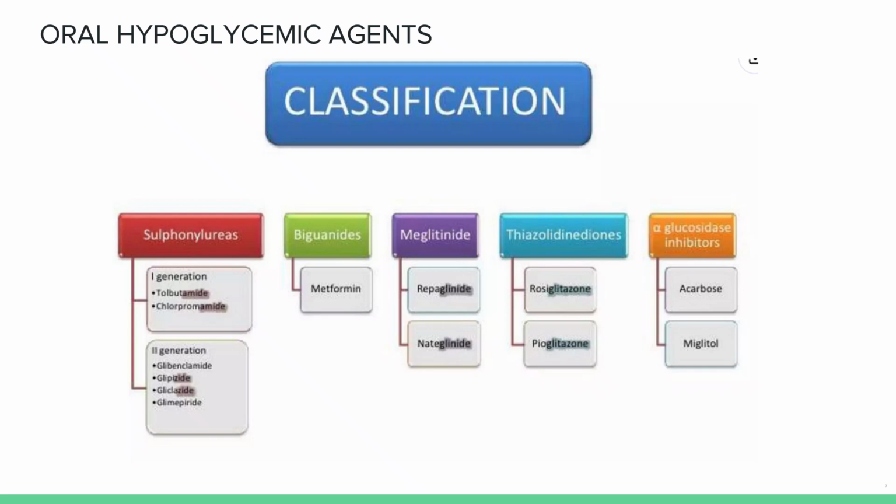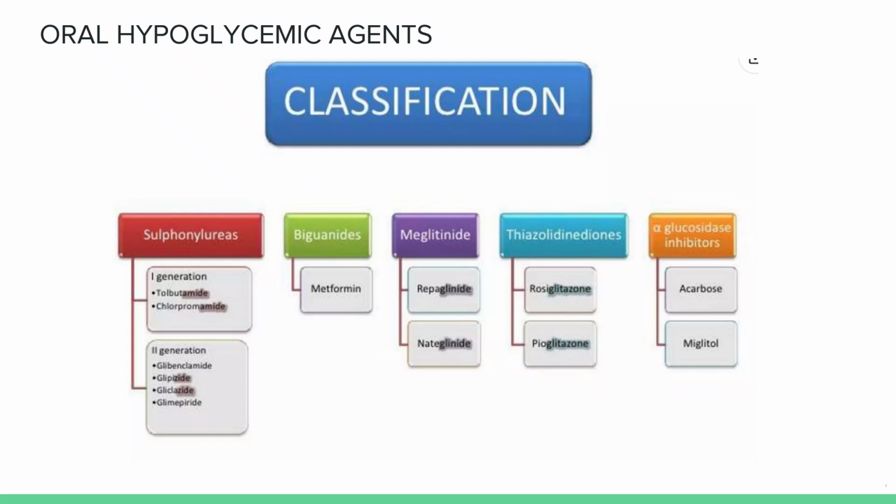And the oral hypoglycemic agents mainly focus on four different classifications, and additionally we can see 3 to 5 more classifications, but the main four classifications which focus on oral hypoglycemic agents are sulfonylurea, biguanides, meglitinides and thiazolidinedione derivatives.